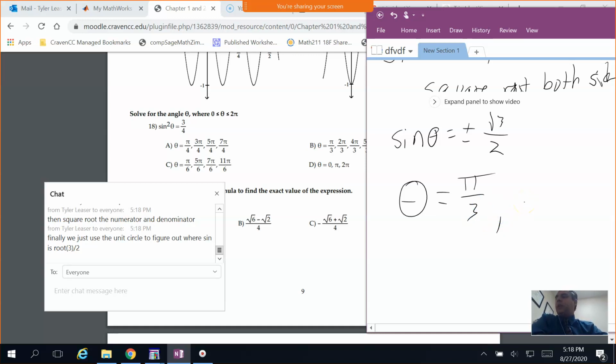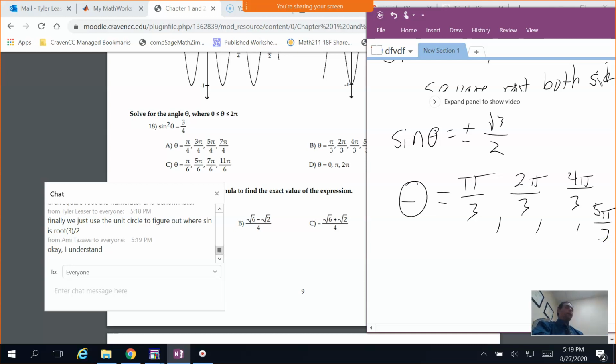It's positive or negative root 3/2 at 2 pi over 3, at 4 pi over 3, and then finally at 5 pi over 3. Cool. Any questions?